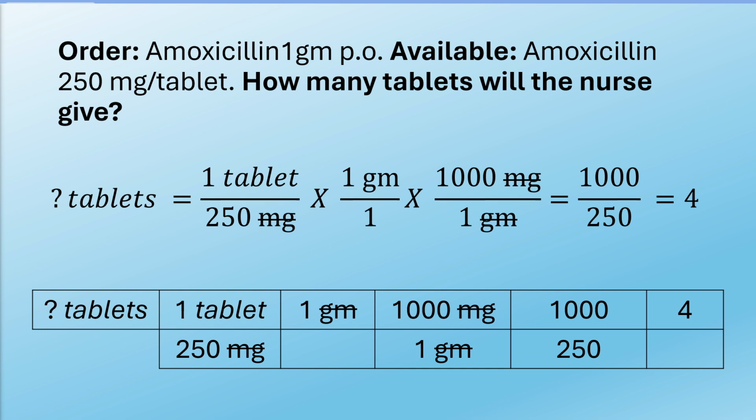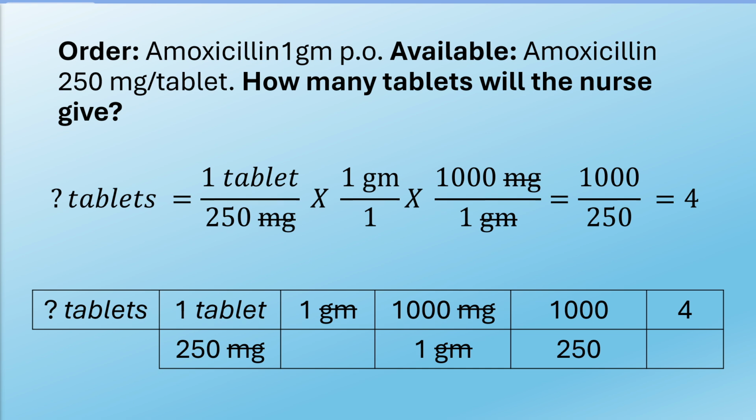So in this case, we're going to put the 1,000 milligrams on top over the 1 gram. So the milligrams from the 1,000 and the milligrams from the 250, that label cancels out. The labels from 1 gram and 1 gram cancel out. We move the numbers across, and we end up with 1,000 over 250. Do the division, and we end up with 4.